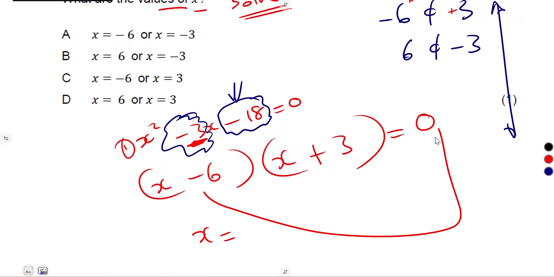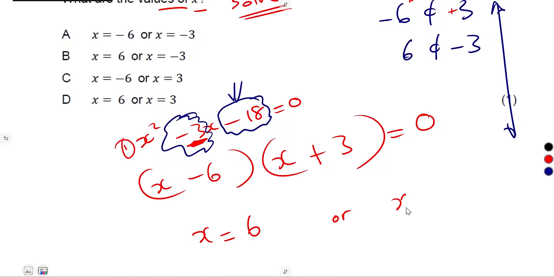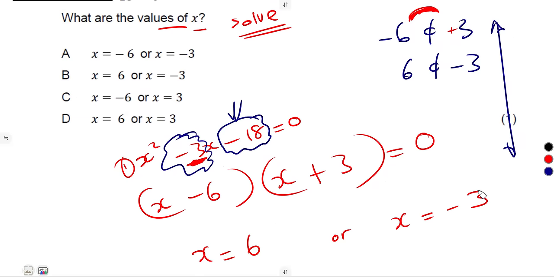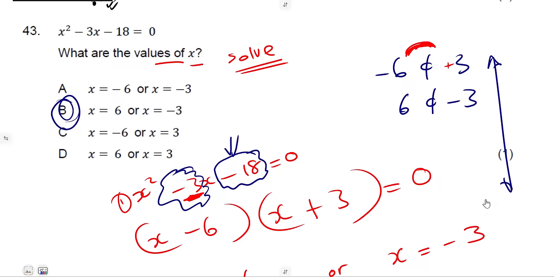If we take the minus 6 across, it becomes a positive 6. The positive 3, taken across, becomes a negative 3. So our x is positive 6 or negative 3. So the best answer with these two is B: positive 6, negative 3. All right, so that's it. Just like that. The best answer there is B.